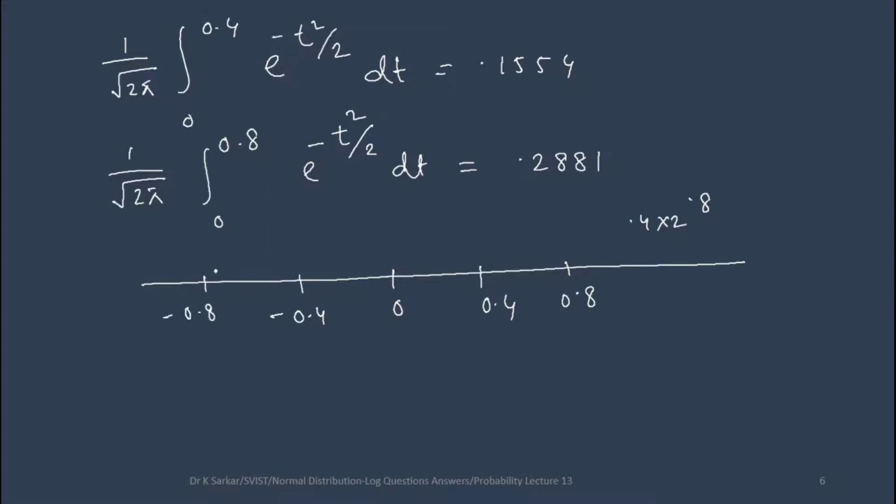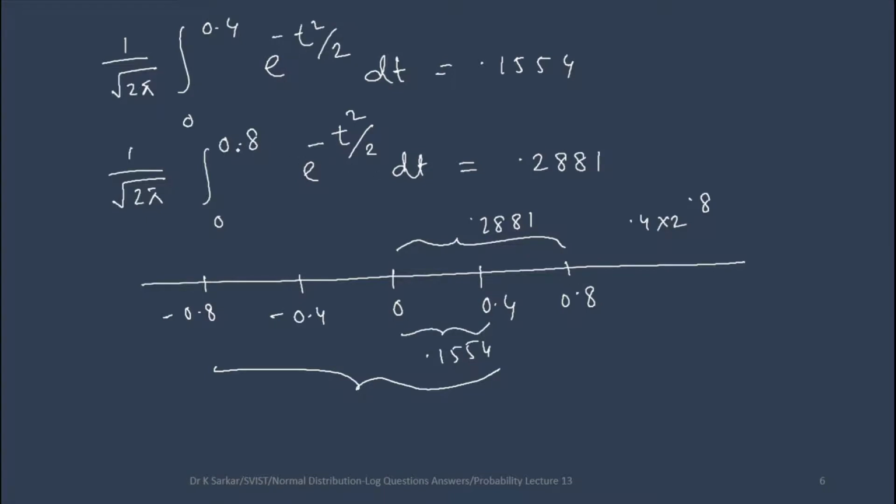Now in the question it is given from 0 to 0.4, that is 0.1554, and 0 to 0.8, that is 0.2881. We have to find from minus 0.8 to 0.4. So look here, from minus 0.8 to 0 is the same thing as from 0 to 0.8.